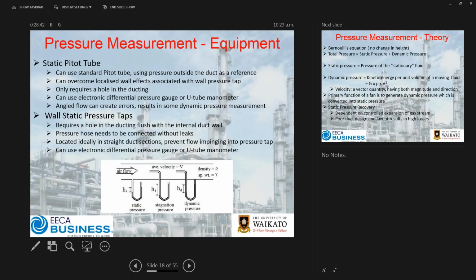So these are normally quite easy to do. Wall static pressure traps can be useful, and a U-tube might be quite simple, but generally these days you can get an electronic DP device where you can measure that pressure. You can log it, you can go from point to point very quickly.